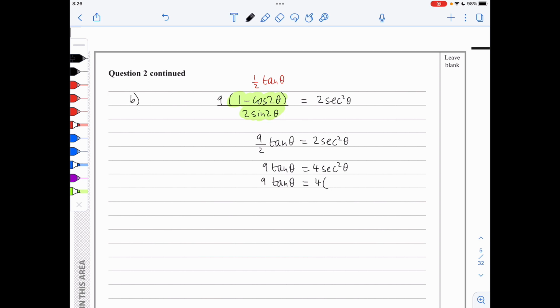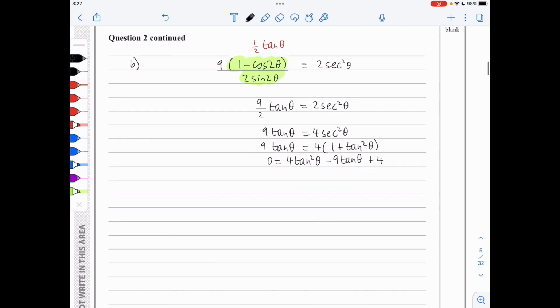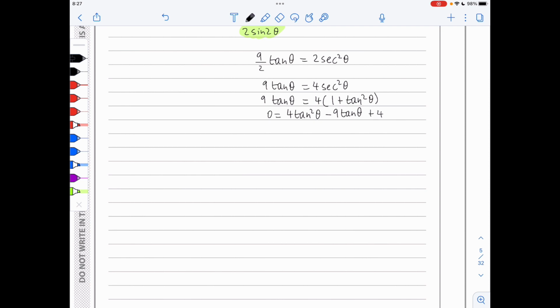And then we've got an identity that connects sec squared and tan squared. We know that sec squared is 1 plus tan squared. So what I have at the back of my mind is that I'm trying to get a quadratic in tan. So expanding, the right-hand side is 4 tan squared theta, minus the 9 tan theta that was on the left-hand side, plus 4. And I can now use the quadratic formula to get values for tan theta.